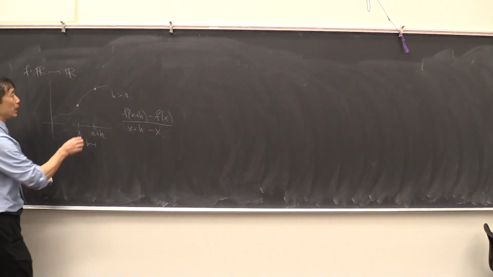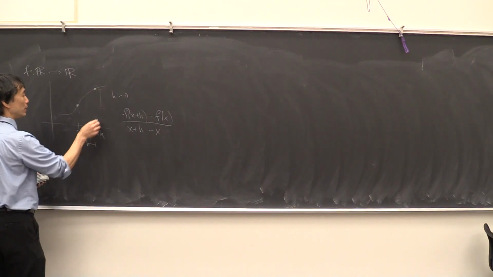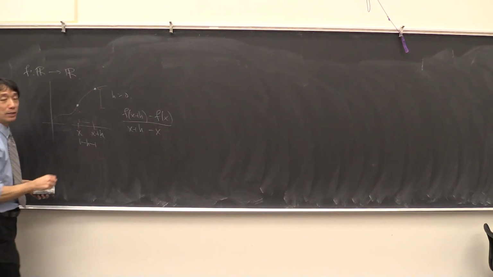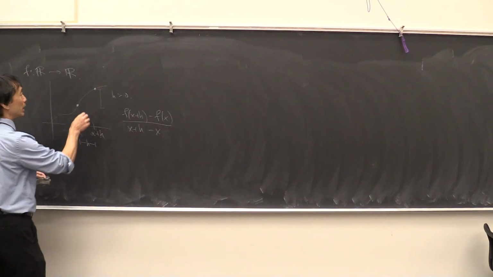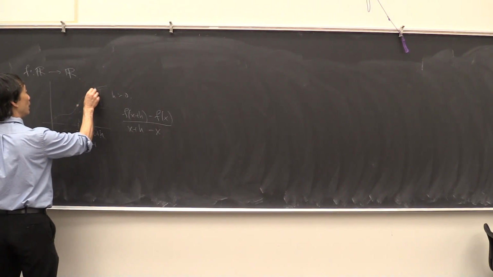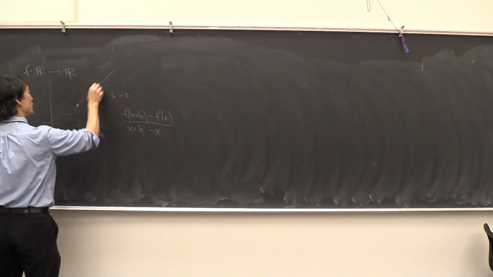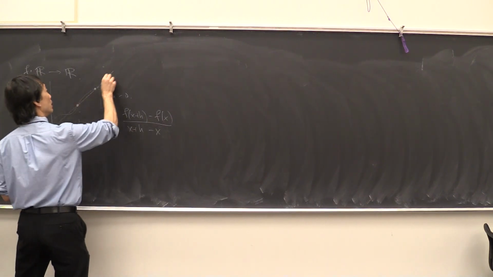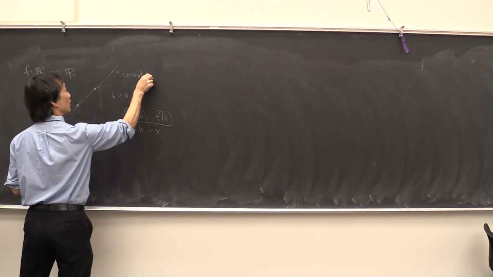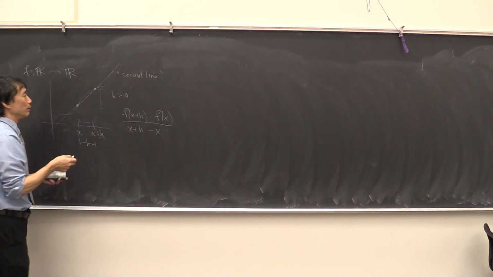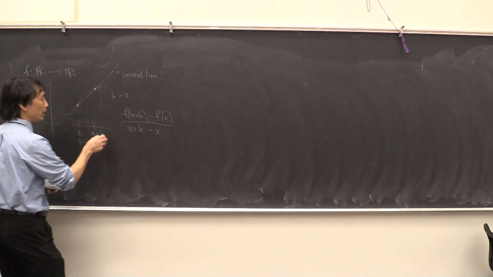So you're taking this difference and you're dividing by this difference. It's the rise over the run. And what it gives you is the slope of the line through those two points, the so-called secant line.